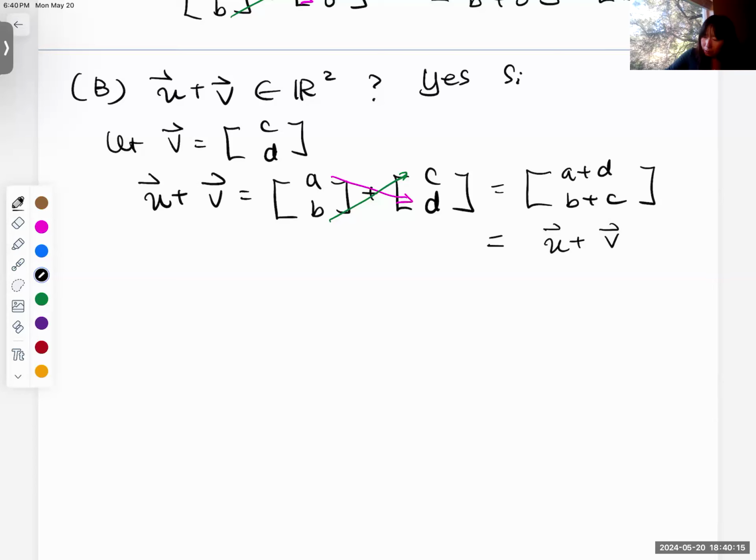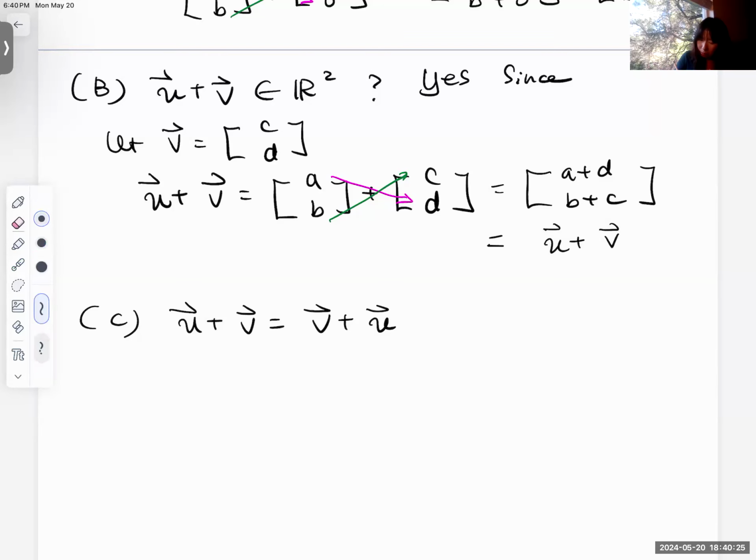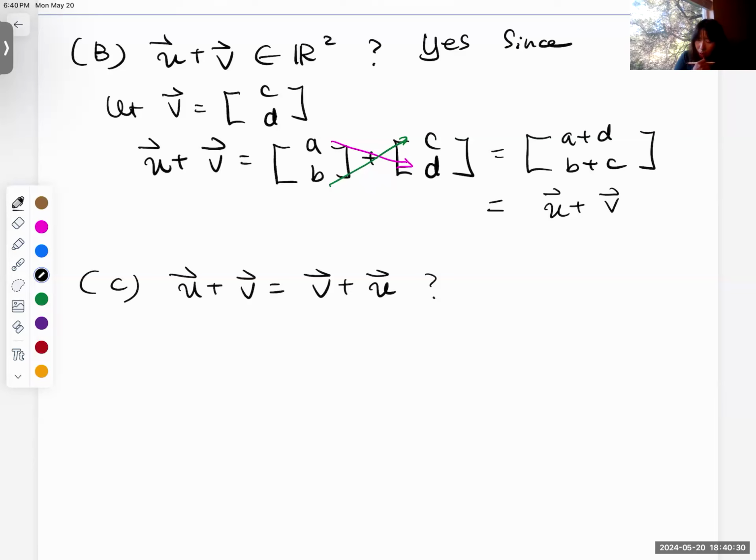Yes. Third one, is U plus V equal to V plus U? Okay. So U plus V, we can use that.